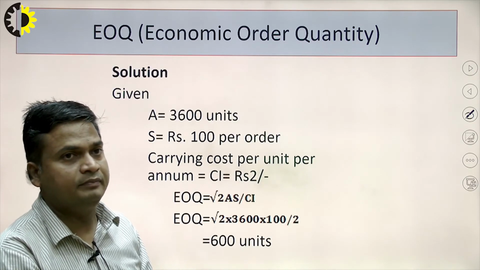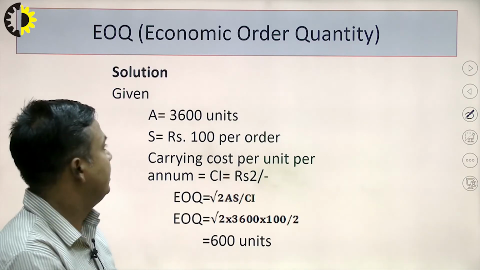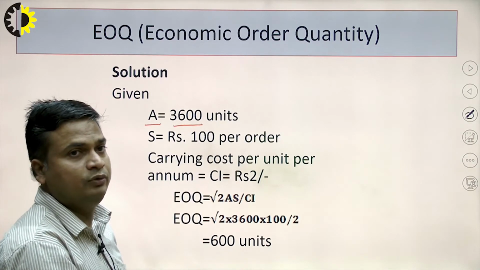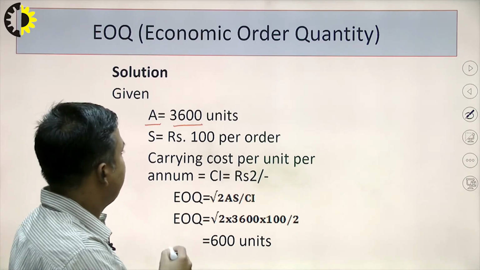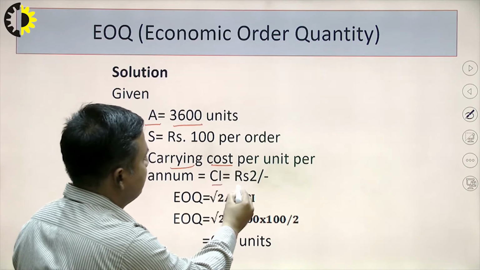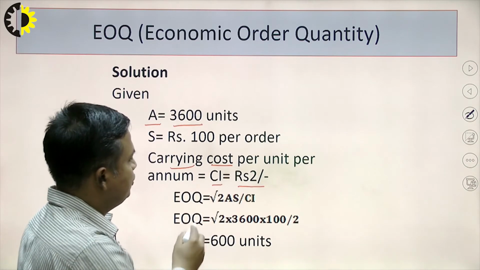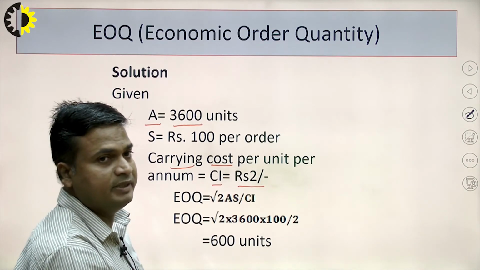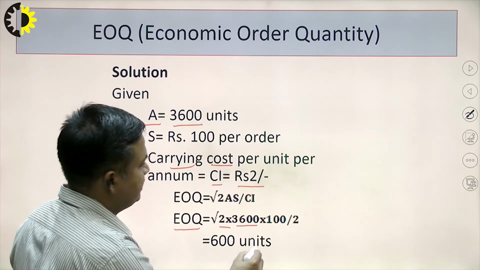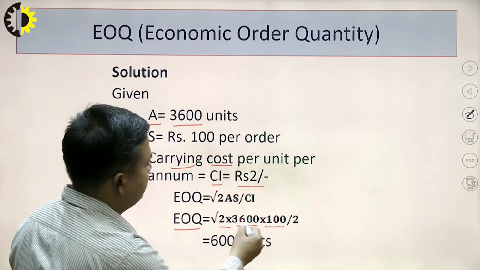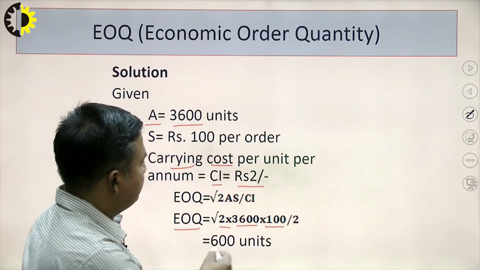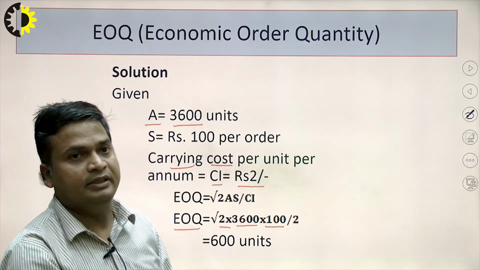Now, solution, we have the data A equal to 3600 units, S equal to rupees 100 per order, carrying cost per unit per annum is Ci equal to rupees 2. EOQ is equal to under root 2AS divided by Ci, or EOQ equal to under root 2 into 3600 into 100 divided by 2. So, it will be 600 units.